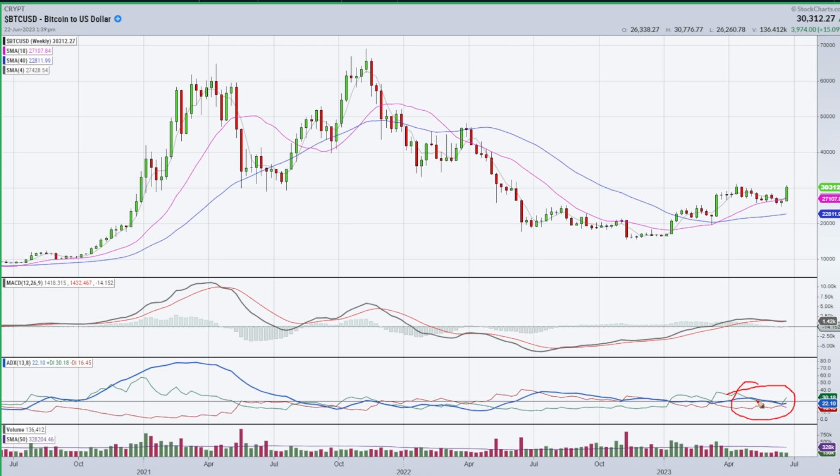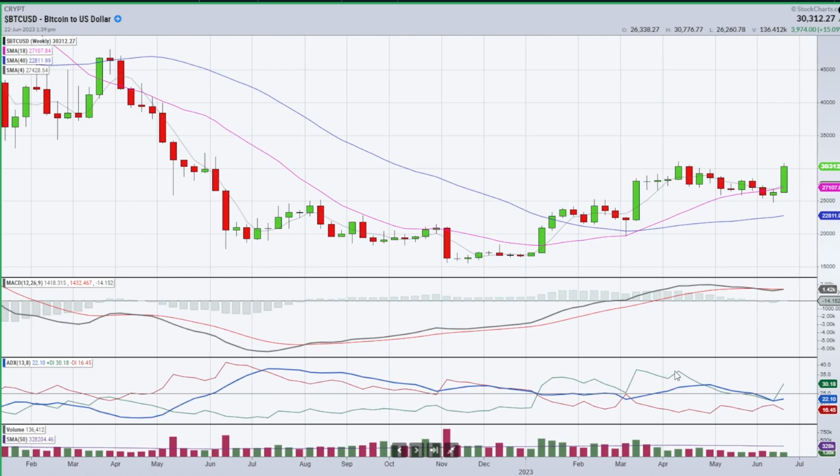So the buyers on the ADX basically stayed in command here. You can see that it did correct back, but we never got a lot of selling strength to the downside on this weekly chart. And I know this crossed over, but this is the first crossover after getting back above the zero line. So I kind of view that as a zero line reversal.